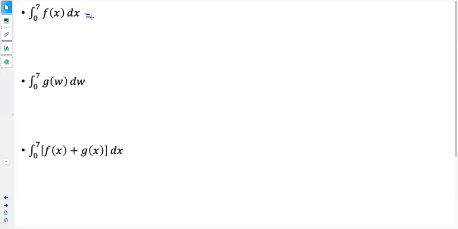So this would be the same as saying the integral from 0 to 5 of f of x dx plus the integral from 5 to 7 of f of x dx. So that's going to be 7 plus 4, which gives us 11.